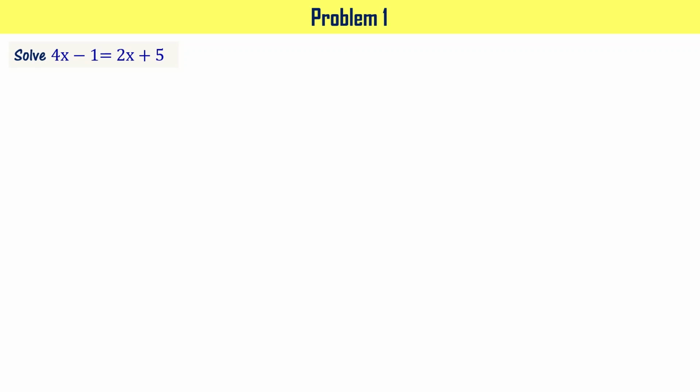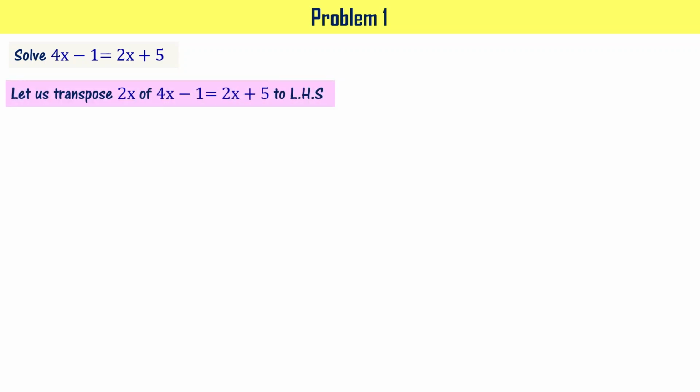Let's take a look at a problem. Solve 4x minus 1 equal to 2x plus 5. We are going to use the transpose method. Let us transpose 2x of 4x minus 1 equal to 2x plus 5 to the LHS. You have 2x here, right? We want to transpose this onto the left hand side of the equation.